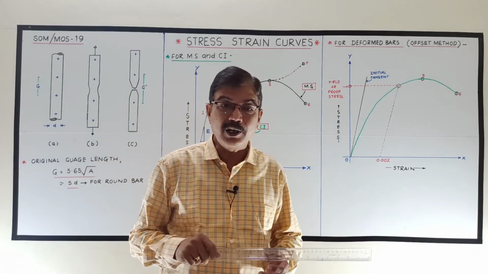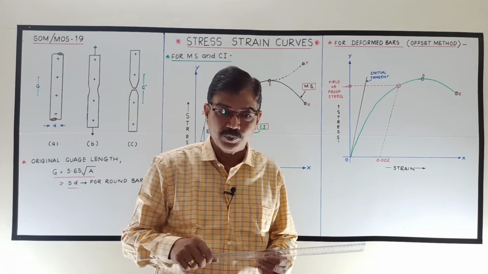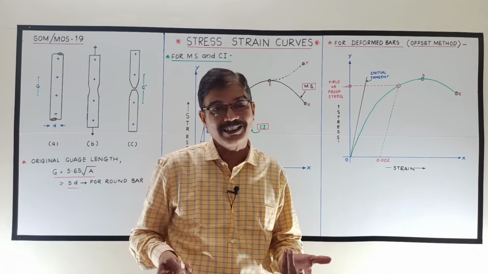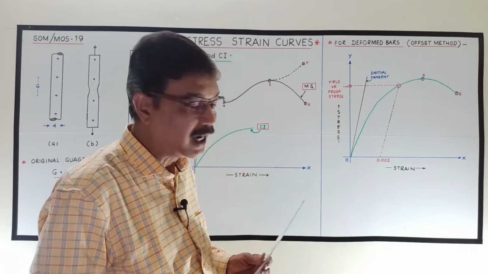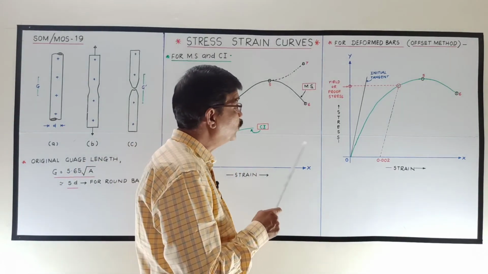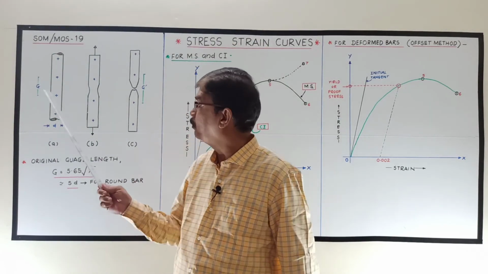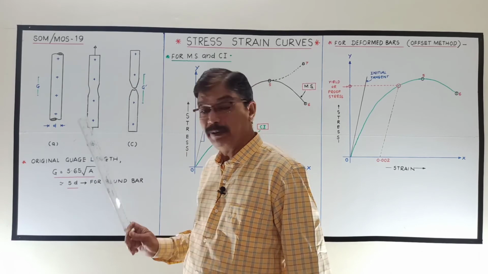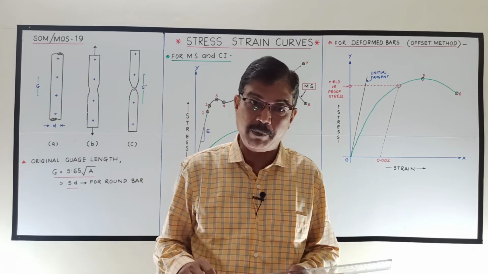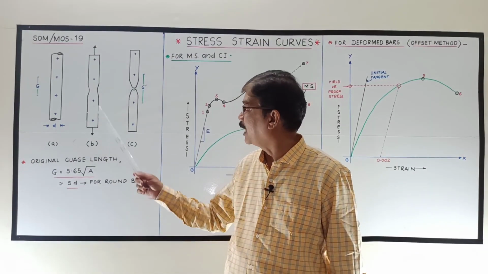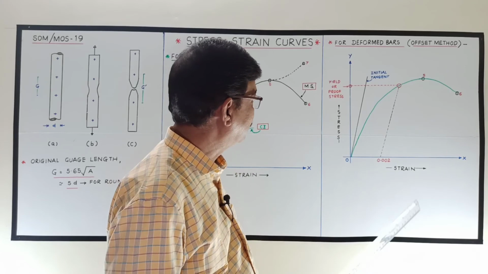It is very difficult to get a specific yield point in the case of deformed bars; it is not observed. For deformed bars, the area is calculated on a weight basis, and then the gauge length is marked on the specimen.